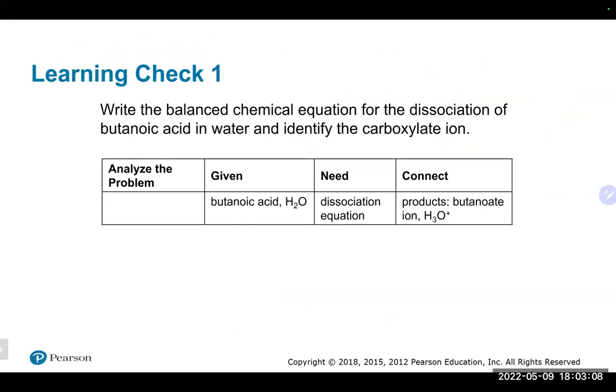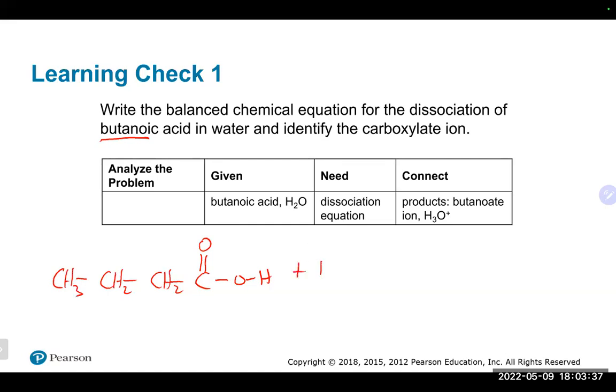Write the balanced equation for the dissociation of butanoic acid in water and identify the carboxylate. So let's go through it together. We'll start with butanoic acid, which should be 4 carbons. Here we would put our carboxyl group, and then fill in hydrogens as there's nothing else attached in that name.